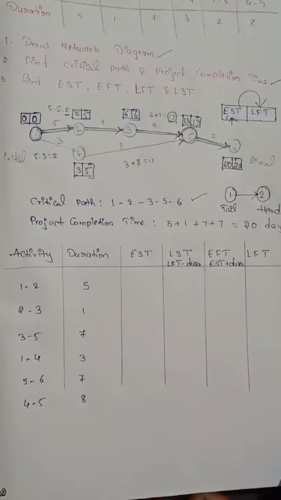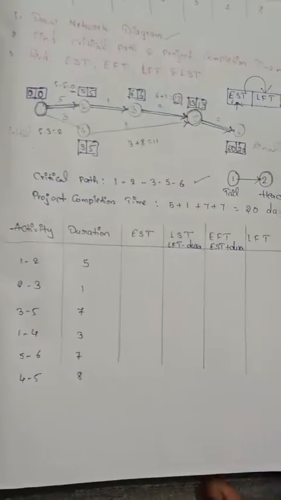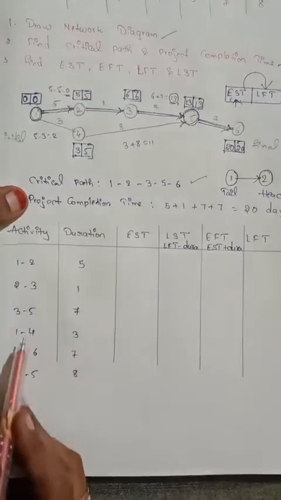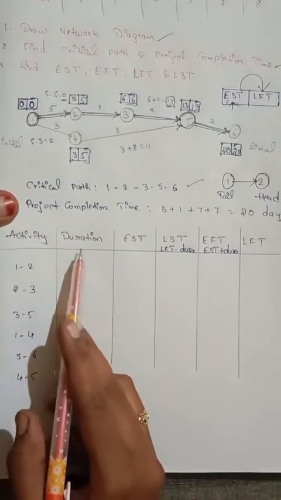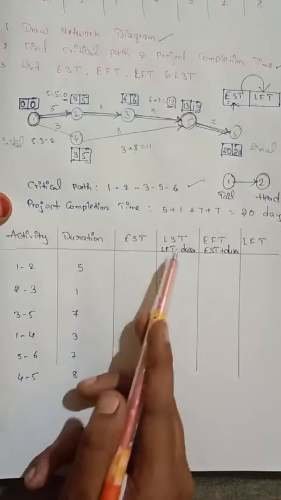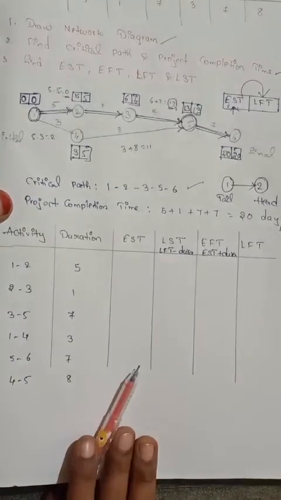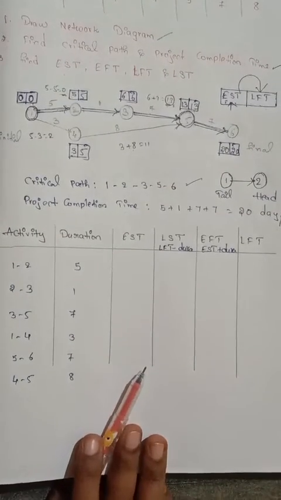So here this is the table guys. It is very easy. The first column consists of activity, second column is duration, then EST, LST, EFT and LFT. Then see how to solve this table.